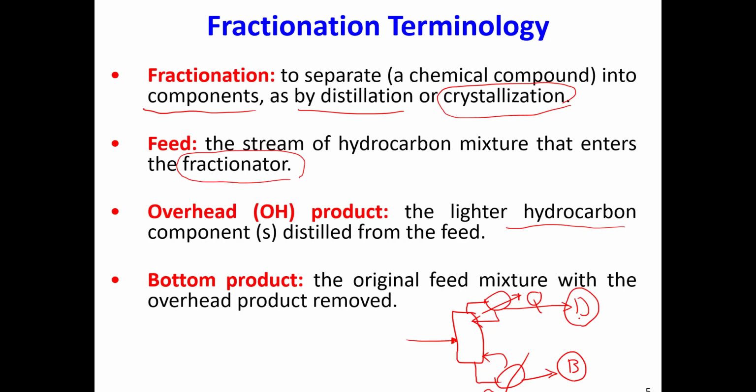They have a lower boiling point. And at the bottom, we extract our bottom products, which are heavier molecules, or the same feed mixture with the overhead product removed from it.